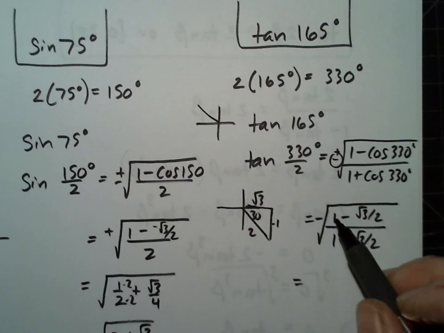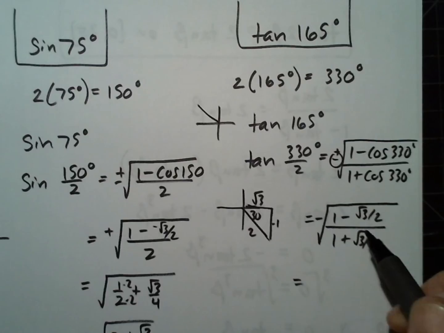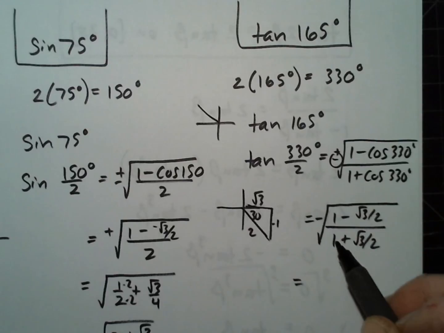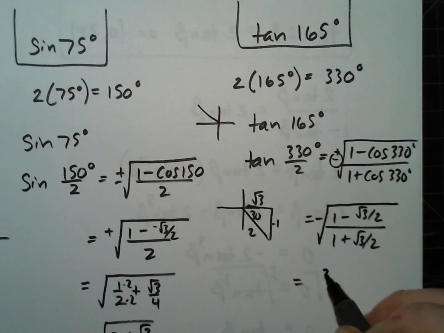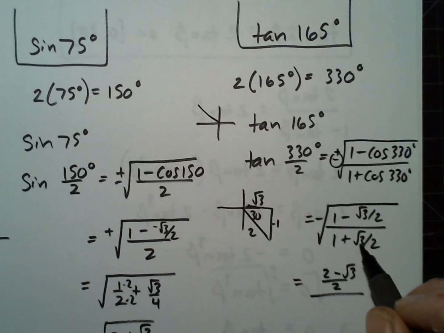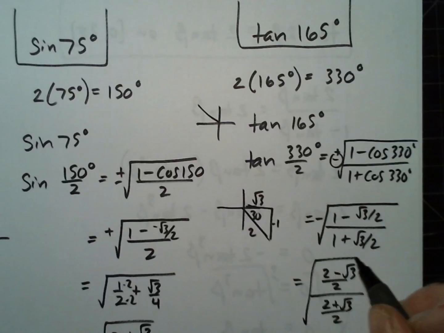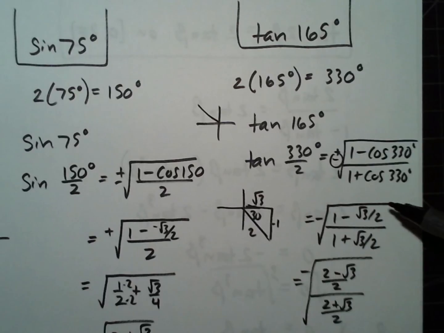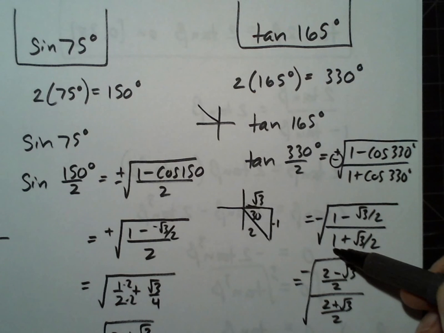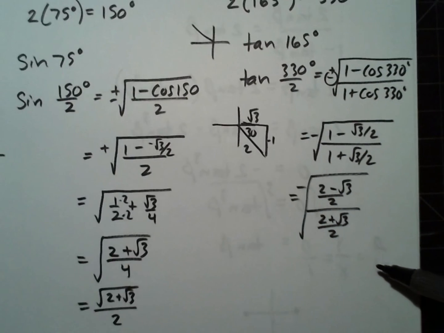And let's get a common denominator in the numerator. So that'll be a 2 over 2 and a 2 over 2. So it's 2 minus radical 3 over 2. And here we have 2 plus radical 3 over 2. So this was 2 over 2, and that's 2 over 2. That's how we got that.